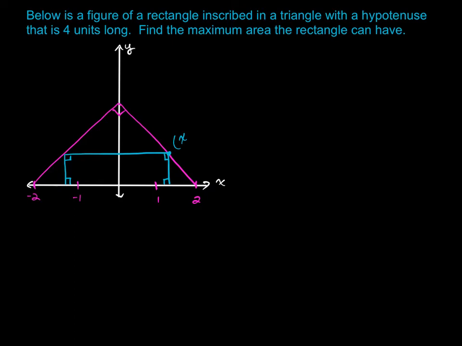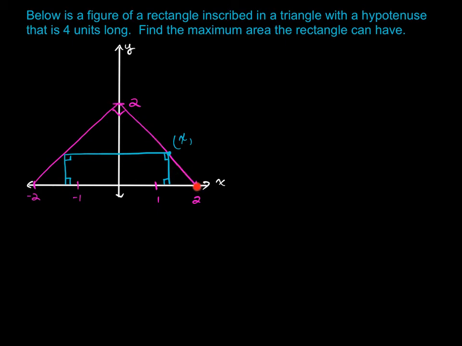Since you can see this line from this point on the y-axis over here to the x-axis, I suppose I should give you a little bit more information. This is 2, and the slope between this point and this point is -1.